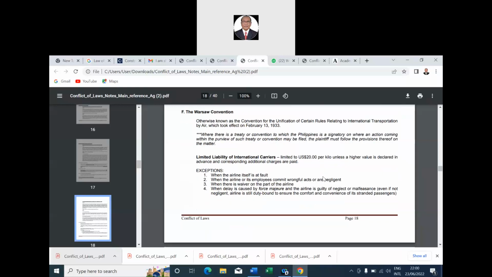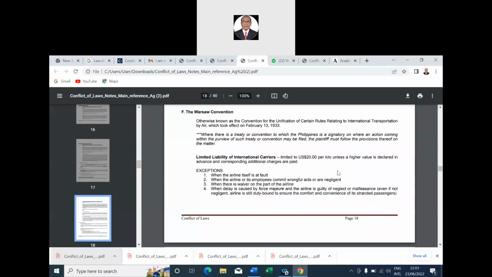Now let us see the limited liability of international carriers. It is limited to US dollars 20 per kilo unless a higher value is declared in advance and corresponding additional charges are paid. For the luggage, only $20 per kilo as damages will be paid if the luggage is lost, unless it is made clear in the beginning, at the time of booking, that the amount will be increased.